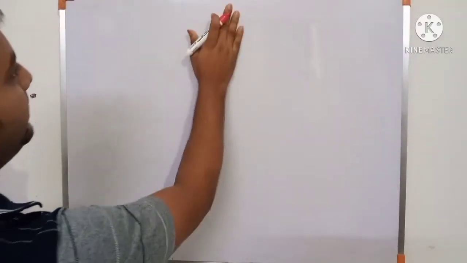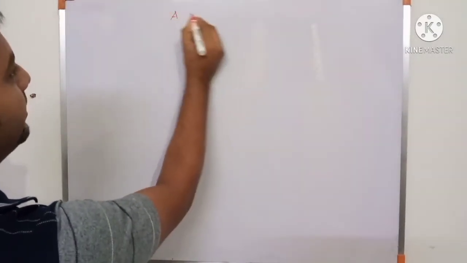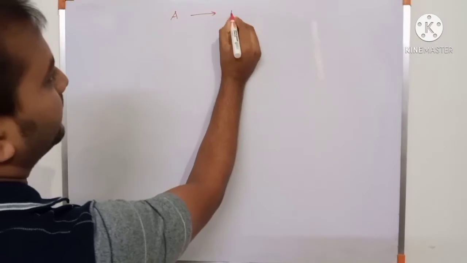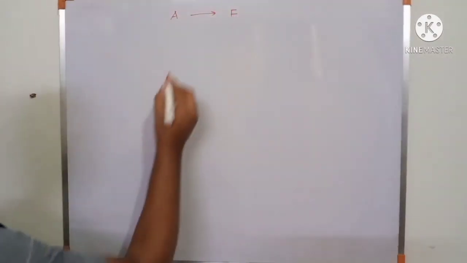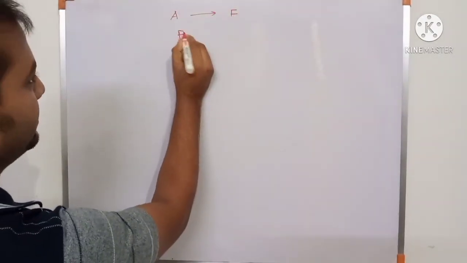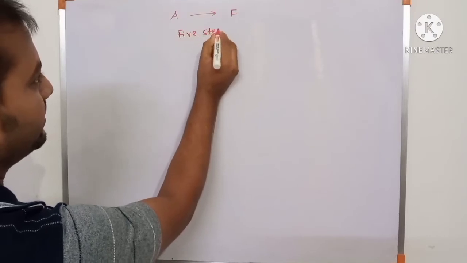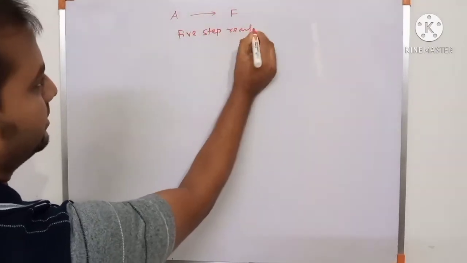Now, a reaction is carried out from A to F in a 5-step reaction.